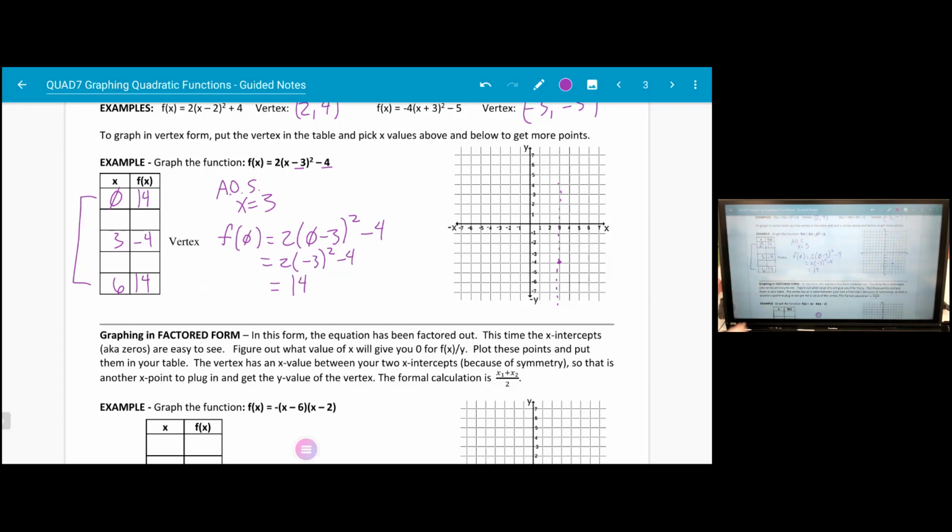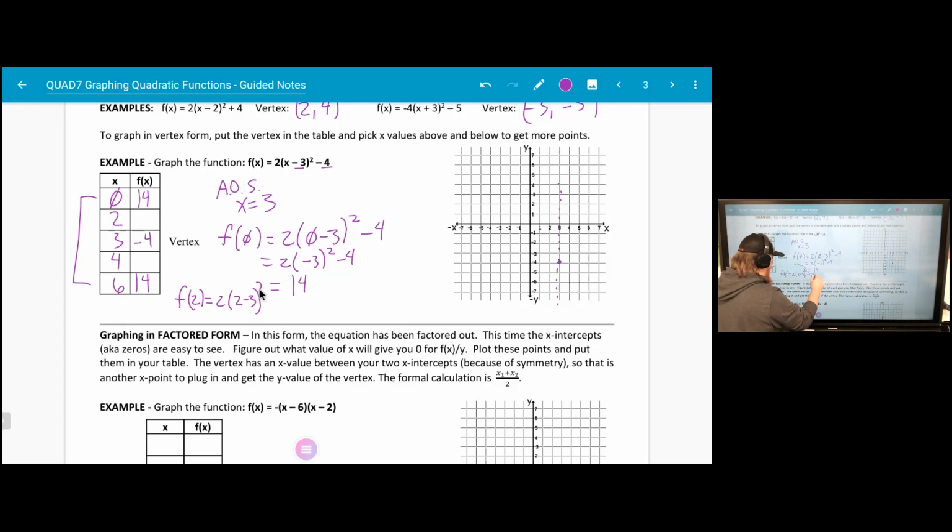I'm going to go just 1 away from this and see what happens. What if I just took 1 away or added 1 to x? What if x was 2? The value of the function when x is 2 is 2 times 2 minus 3 squared minus 4.